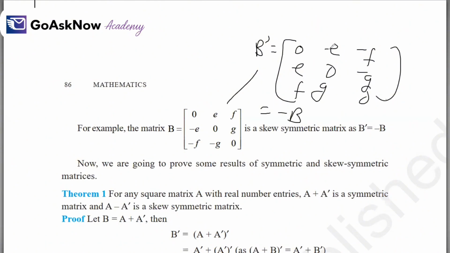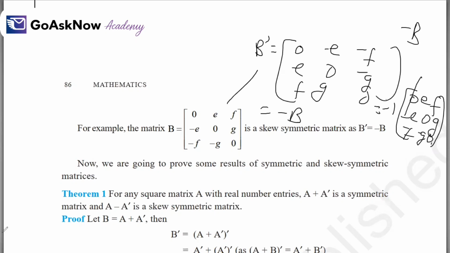If you take the minus 1 common here, you will get minus 1 into 0, E, F; minus E, 0, G; and minus F, minus G, 0, and this is just equal to B. It is coming minus B only. So that is your example of a skew symmetric matrix. Let's move forward and see theorem 1 of this.